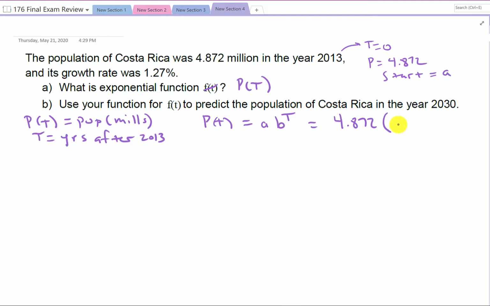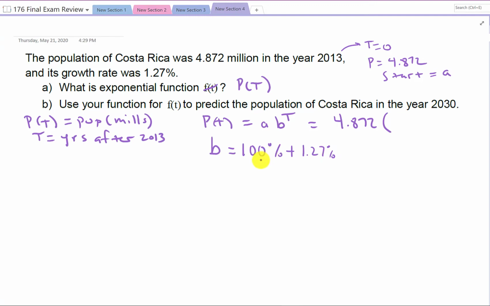All right, sorry, I interrupted myself and I forgot where I left off, but I can see we have to find b. How do we find b? Well, b is the multiplier. And so b comes from the percentage that we're multiplying. Now, when the population grows, we're assuming that we keep 100% of the population, plus we're going to grow 1.27%.